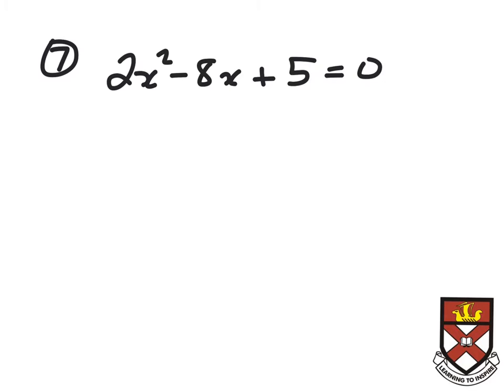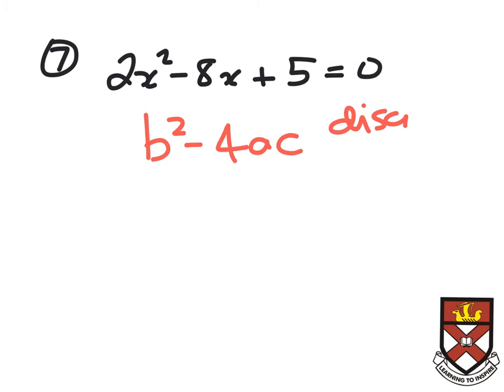Question 7. Determine the number of roots. Well, from that great big formula we had before, we're looking at just the part inside the square root, the b squared minus 4ac, which is known as the discriminant.